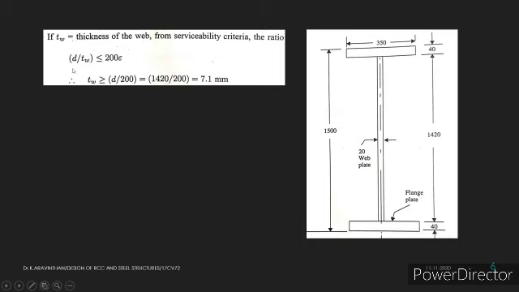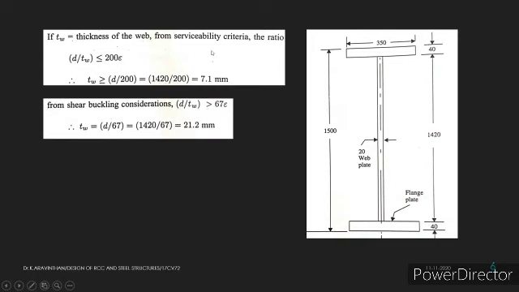If you cross multiply this, you will be getting D by 200, that is 1420 divided by 200, we will be getting 7.1 mm as the thickness of the web. The thickness of the web should be greater than this. The value we got is 7.1 mm, so the web should be more than this. This is for the serviceability criteria.